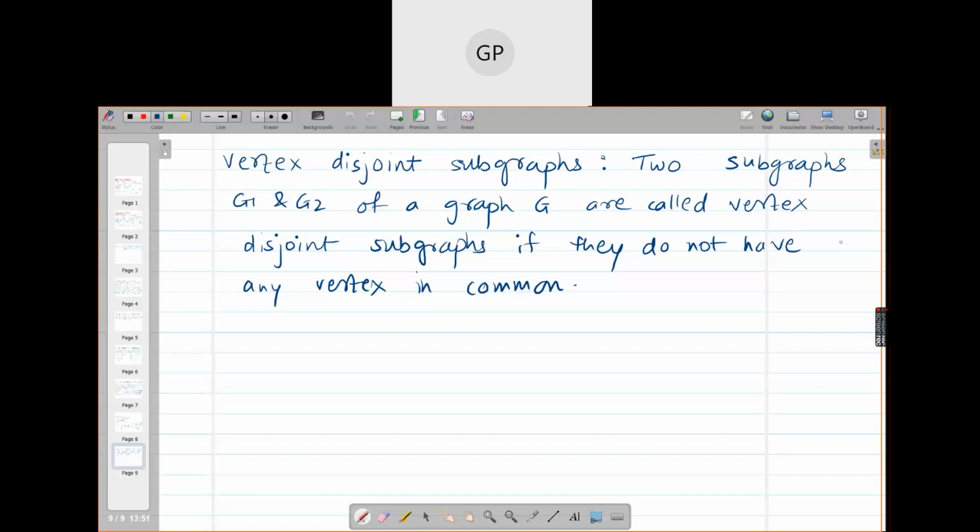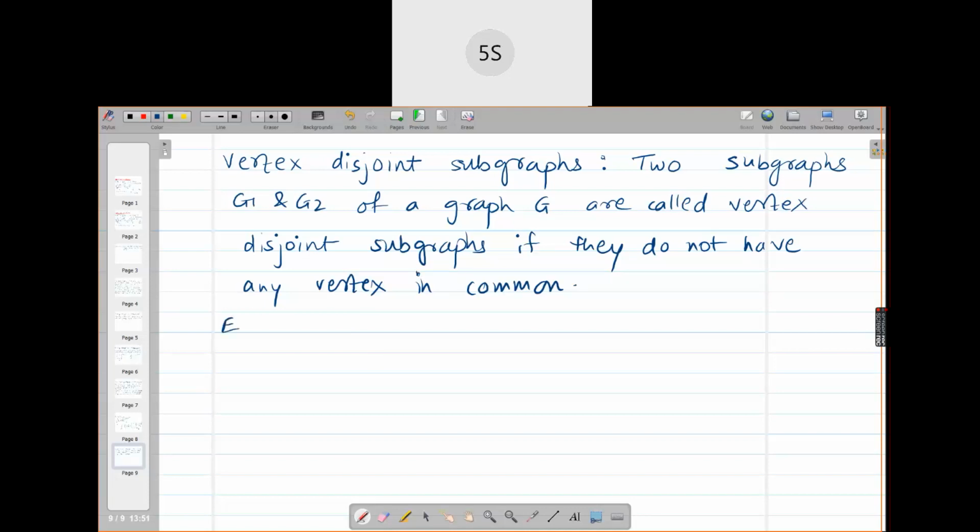Yes, ma'am. If the graphs do not have any vertex in common, will they have any edge in common? No. Okay.